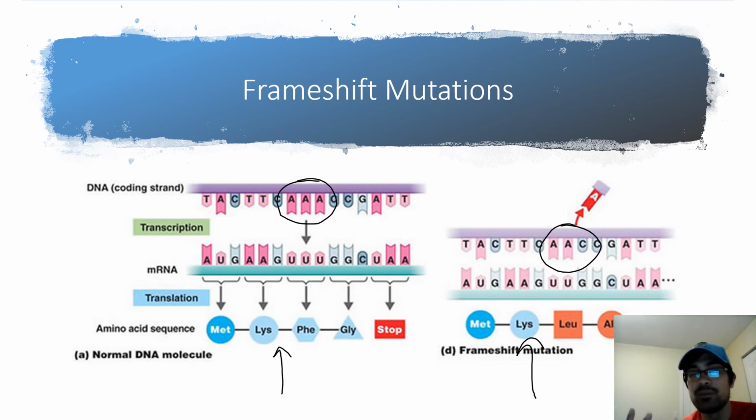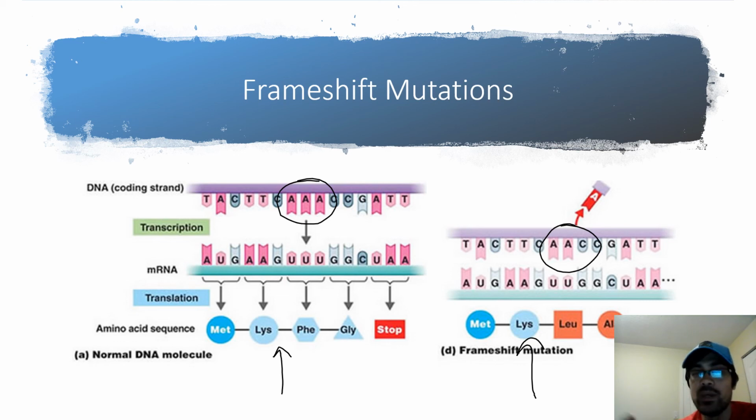There's nonsense, where we get a stop codon too soon, and then translation ends before it should. And finally, you have the missense, which means one amino acid has been replaced with a different kind, and this one can vary a little bit more depending upon which one is substituted in. Proteins are very sensitive to their shape, so it's hard to say exactly.